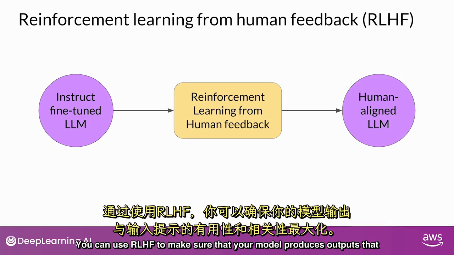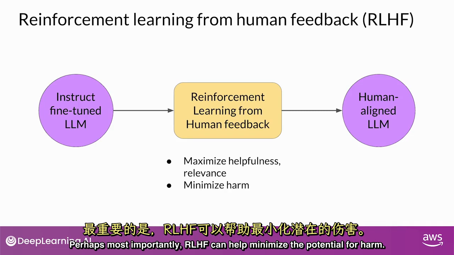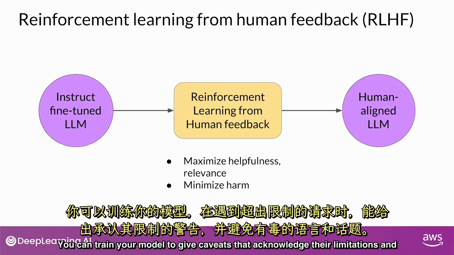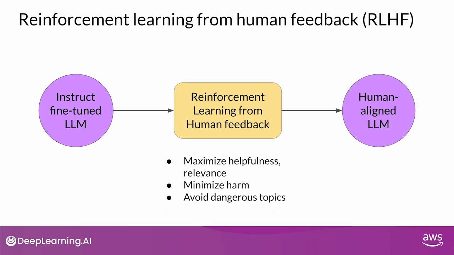You can use RLHF to make sure that your model produces outputs that maximize usefulness and relevance to the input prompt. Perhaps most importantly, RLHF can help minimize the potential for harm. You can train your model to give caveats that acknowledge their limitations and to avoid toxic language on topics.